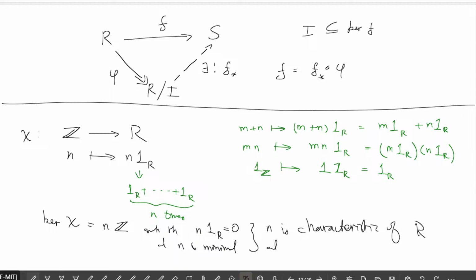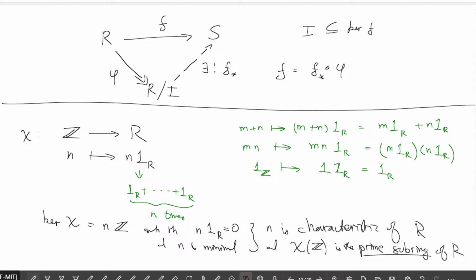And the image, chi of Z, is called the prime subring of R. It's just a name. Now, when you have an integral domain, what happens? It is not true that for an integral domain the kernel is zero.